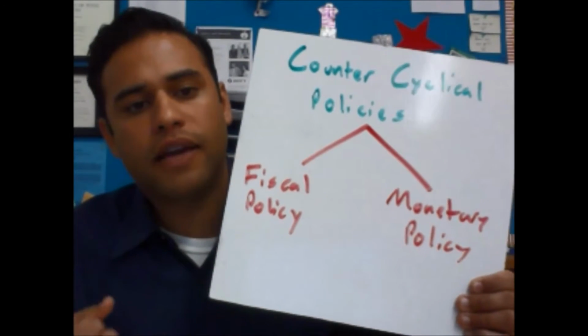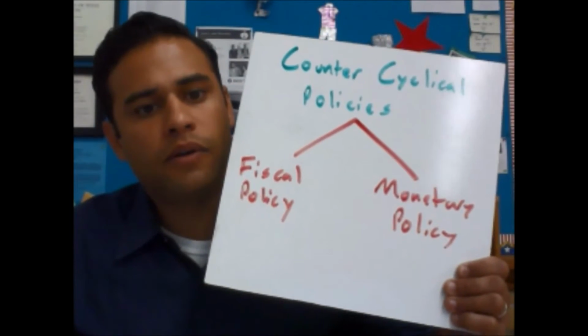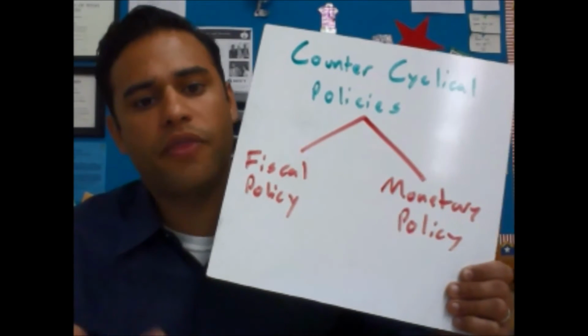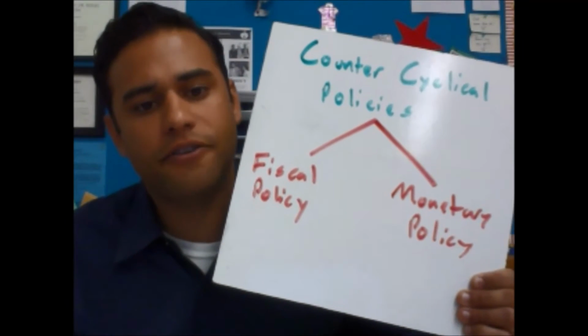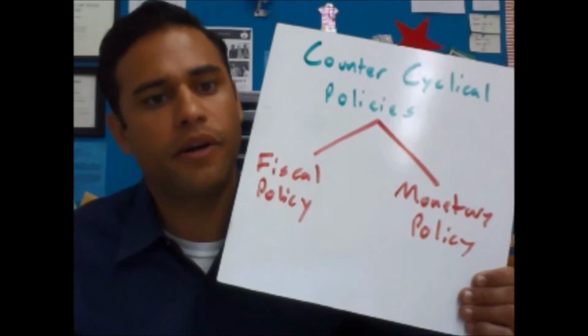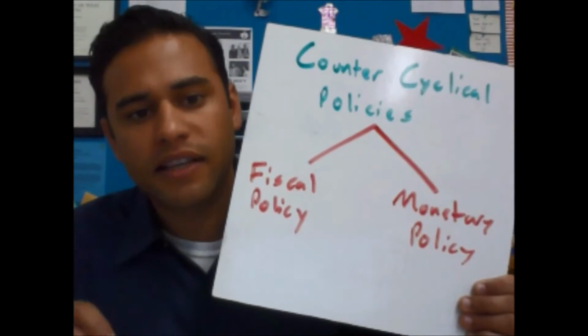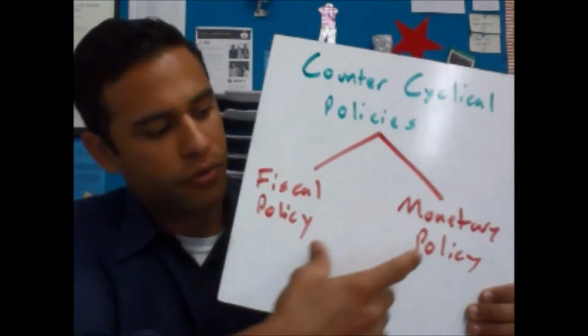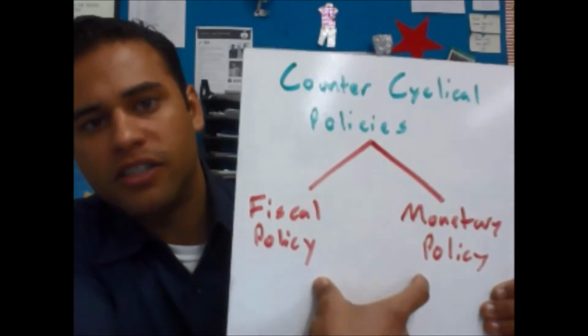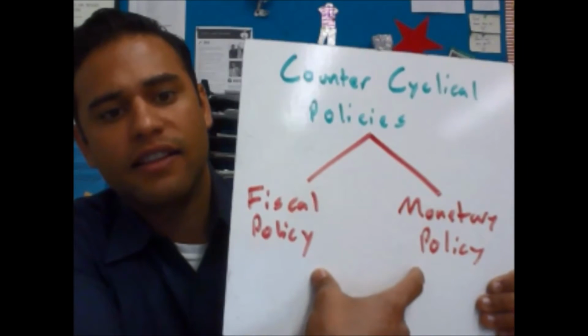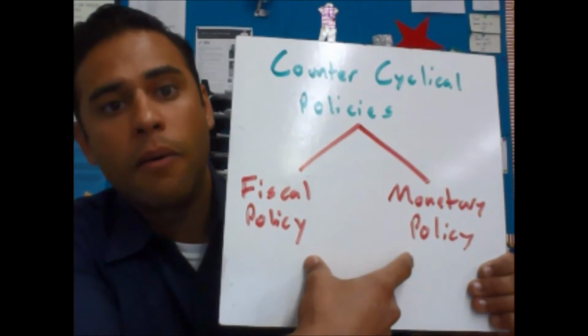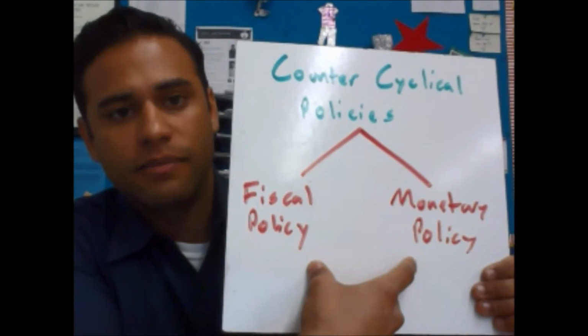These are both countercyclical policies. What's different is what they're doing, okay? How they do it, who's doing it is very important. But they are both countercyclical policies, meaning this. The significance here is these are both types of policies that are demand side, that are attempting to counter the business cycle by manipulating aggregate demand.